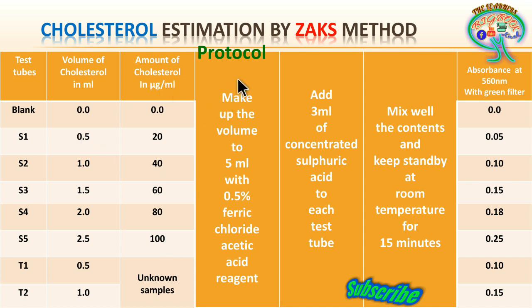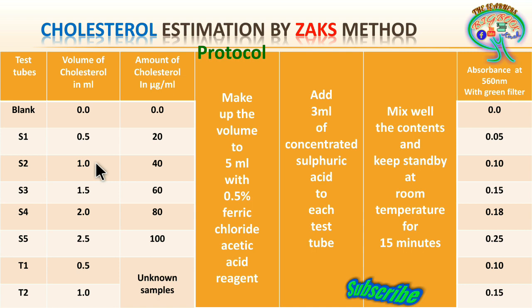Now after this we are going to make up all these test tubes to 5 ml with the help of 0.5% ferric chloride. So this test tube is going to get 4.5 ml of the ferric chloride.